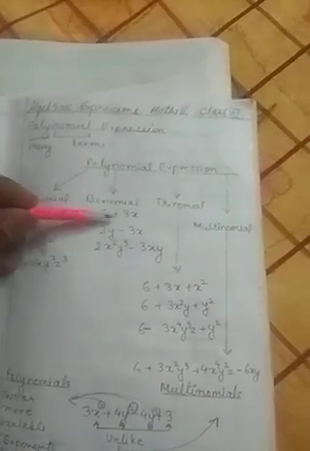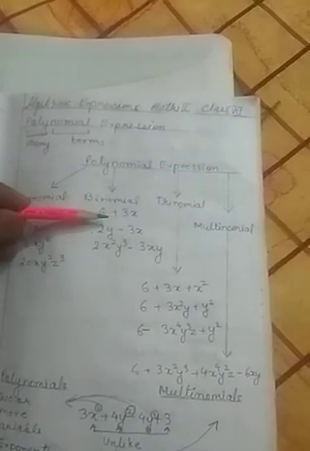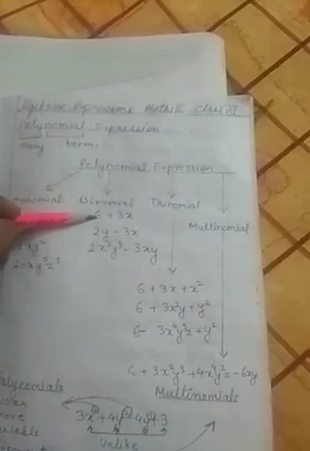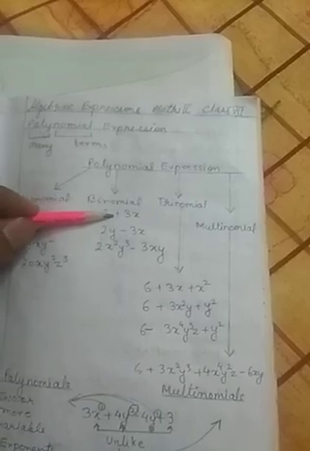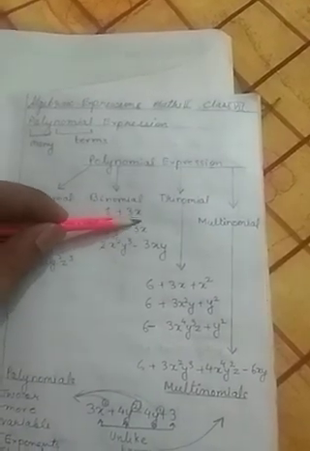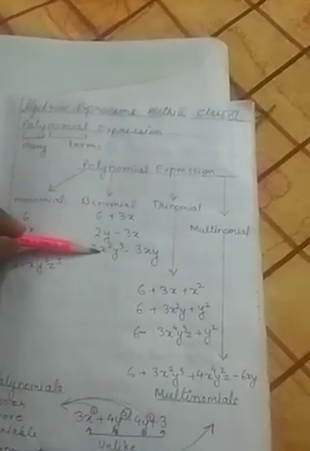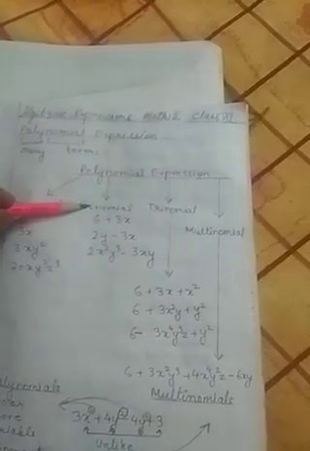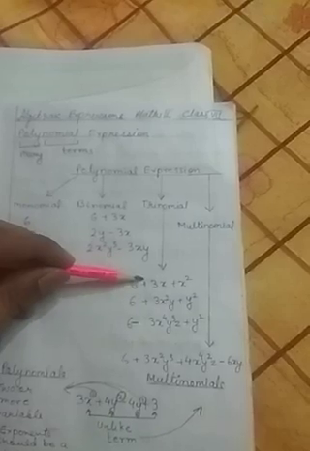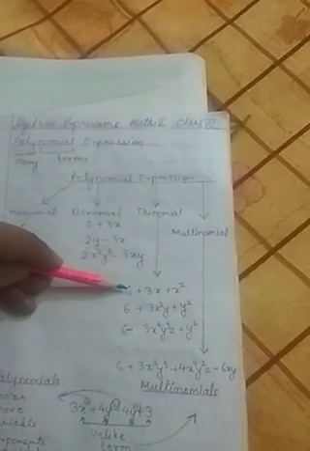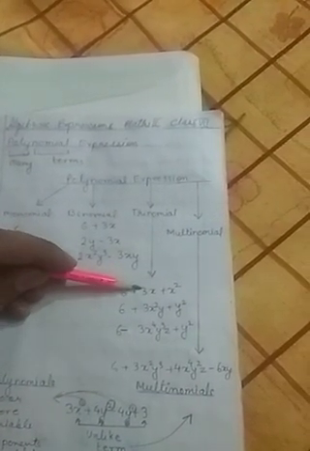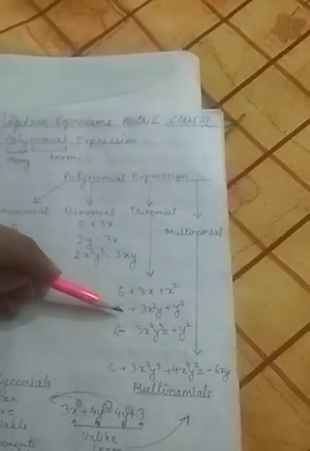Binomial: 6 plus 3x. 6 is a constant term or numeral, plus 3x, so it has two terms. Here also two terms. Here also two terms. So they are binomials. Now for trinomials, 3 terms should be there. So this is a constant, plus 3x, plus x square.